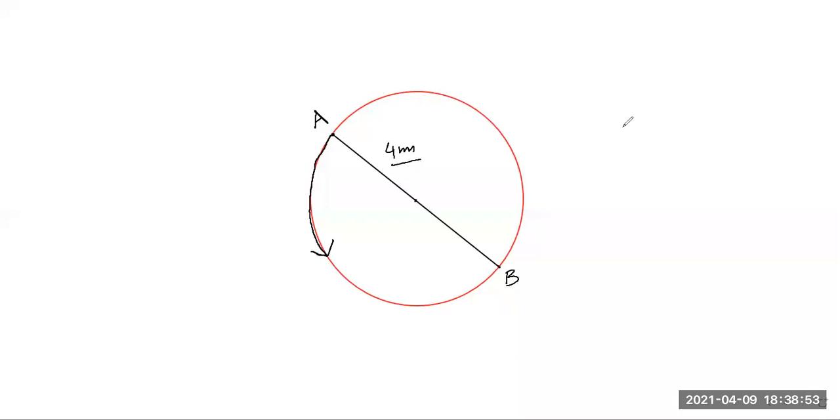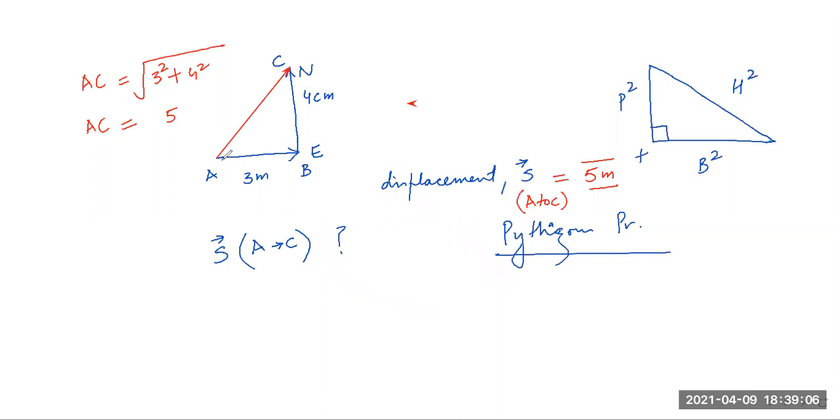Now, what is the displacement of the person from A to B? Can you tell, Karan Singh? The displacement of a person, as you have seen, is the linear distance between initial position and final position.